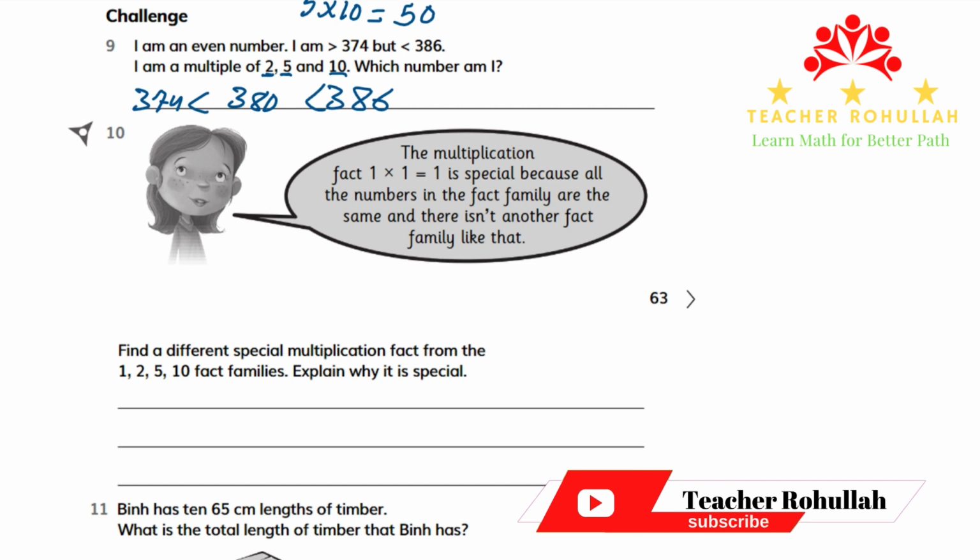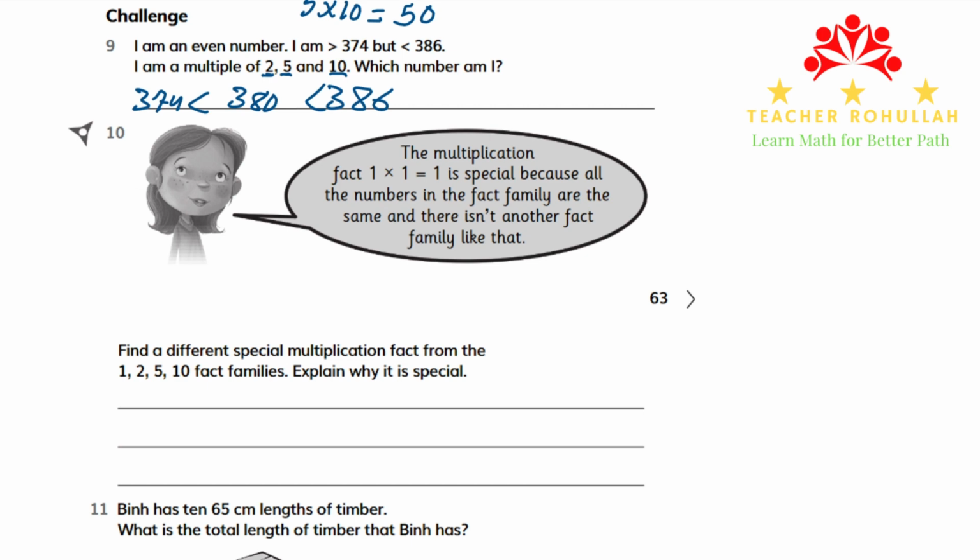Here it says, find a different special multiplication fact from the 1, 2, 5, and 10 fact families. Explain why it is special.